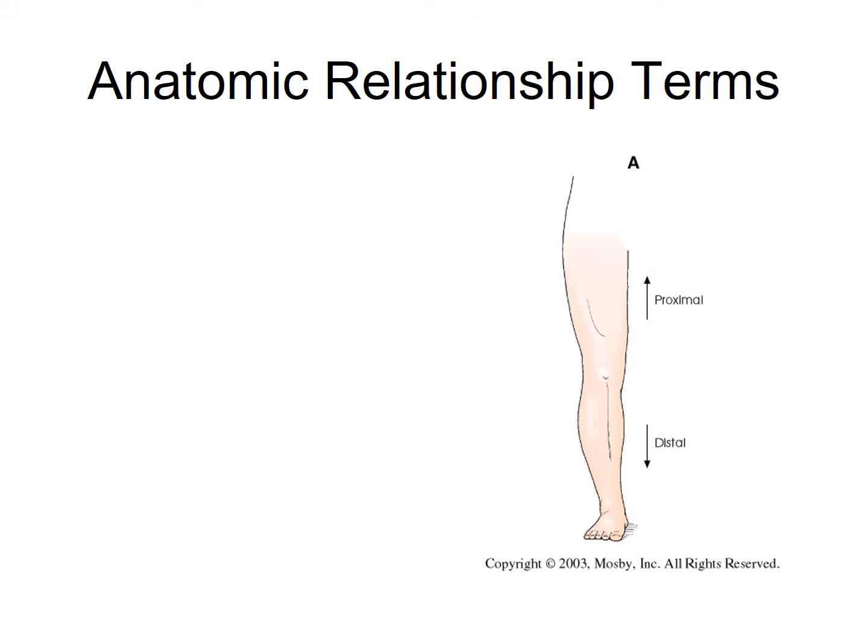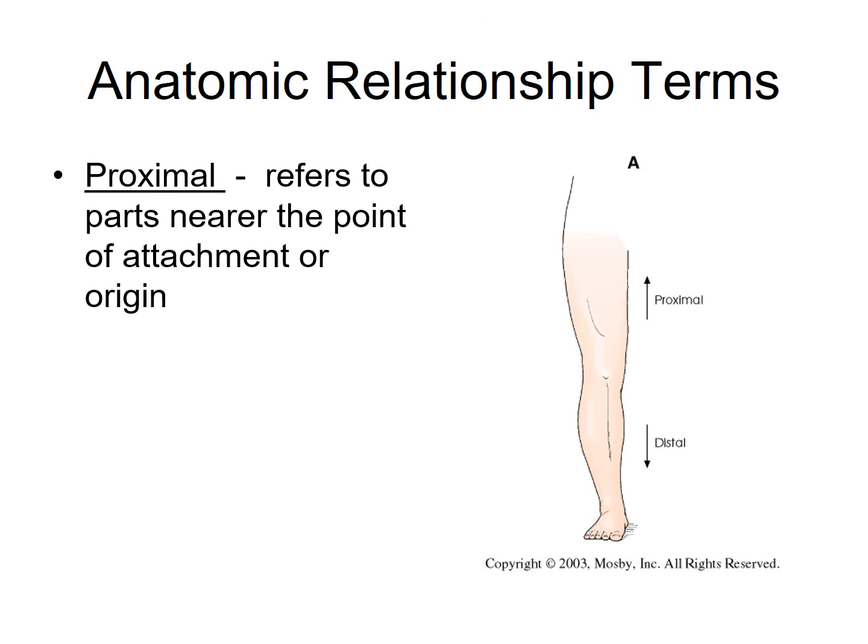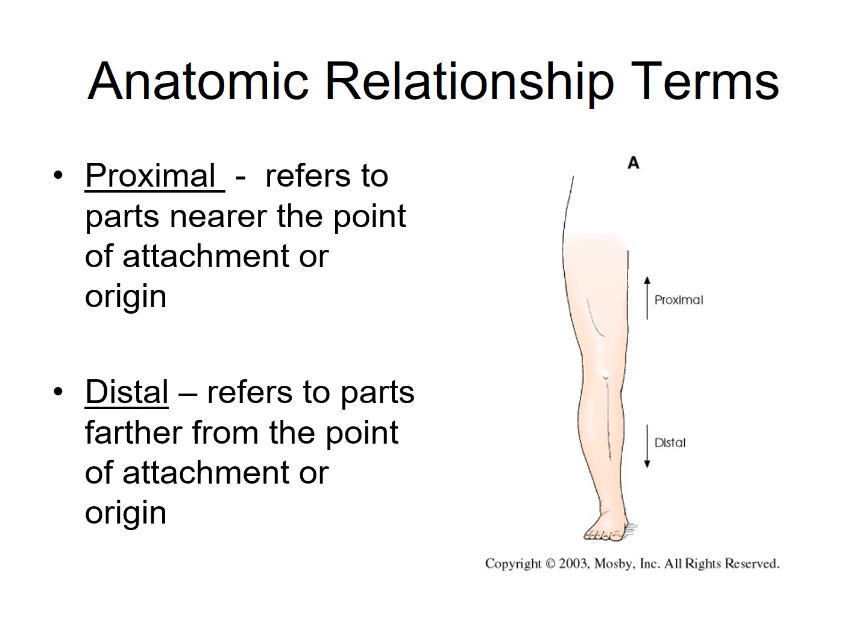So if we are moving toward the point of attachment, we are moving proximally. If we're moving away from the point of attachment, we are moving distally. So proximal refers to parts nearer the point of attachment or origin. Distal refers to parts farther from the point of attachment or origin.